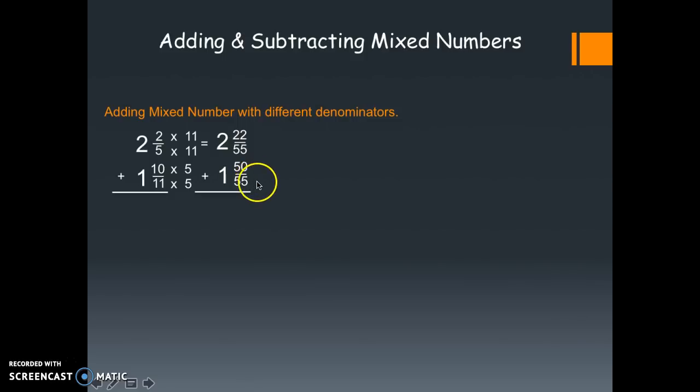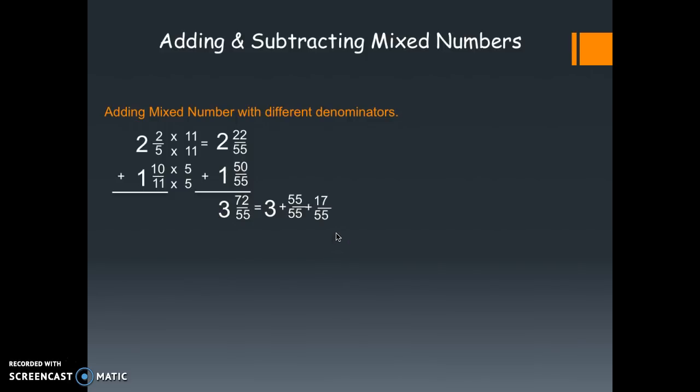Now my denominators are the same, so I can add them up. So I'm going to have 72 55ths, and then 2 plus 1 is 3. So again, here I have a fraction greater than 1. It's improper. So I'm going to take 55 55ths out of there.